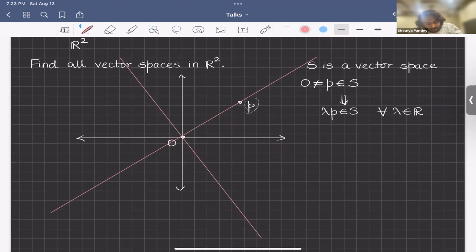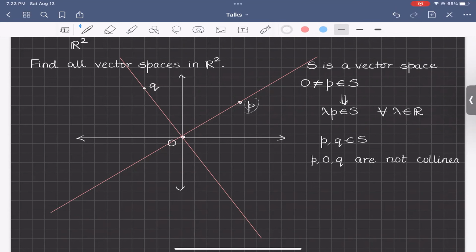But what other points are there? So now I have P, Q, and O, and P, O, Q are not collinear.